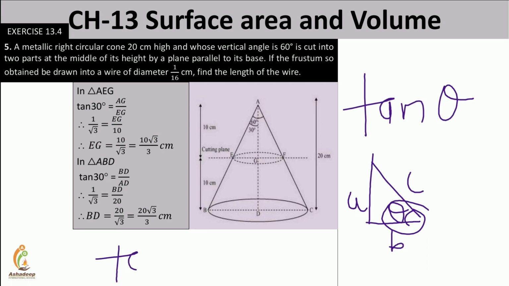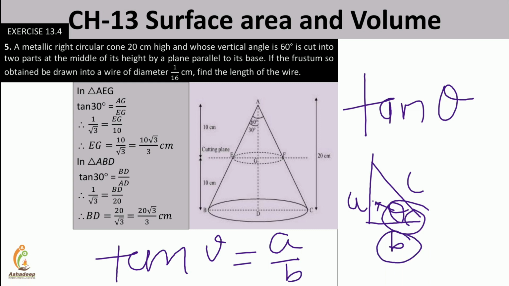If I put the theta over here, then tan theta is equal to opposite upon adjacent. Opposite means theta's opposite side is A. So it is A upon adjacent side B. That you need to remember. That's it. Tan theta means opposite side upon adjacent side.